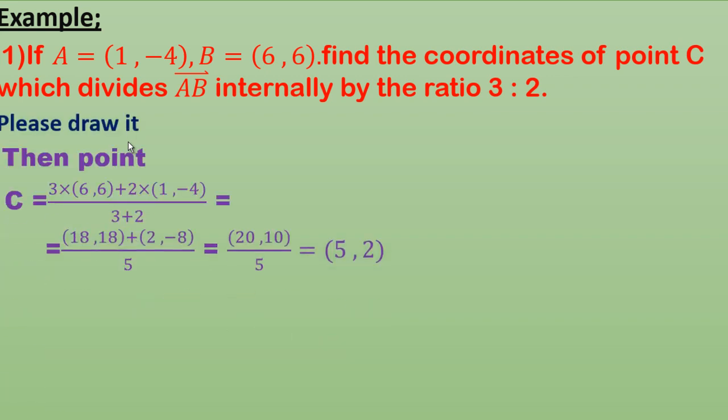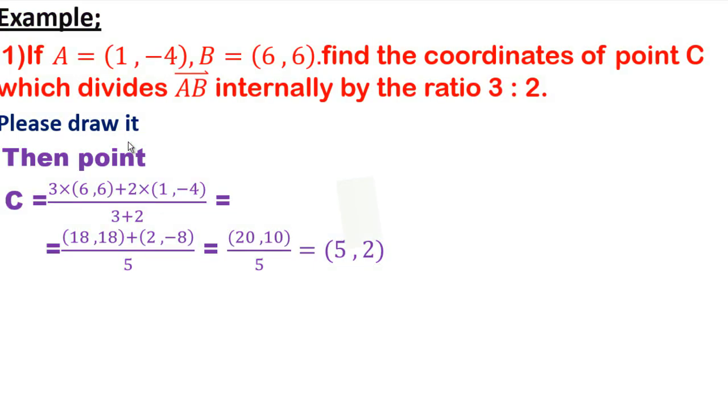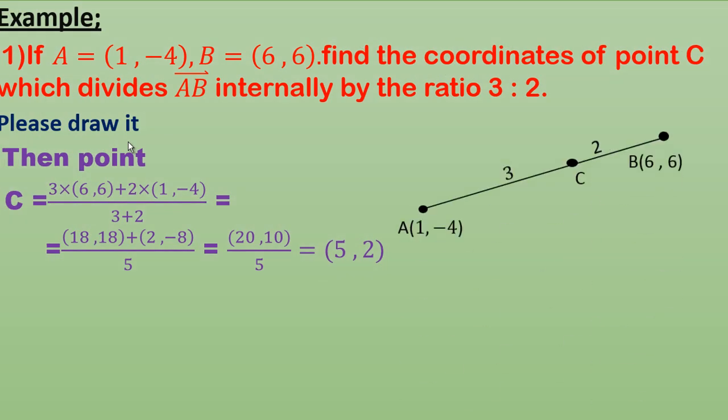The coordinate of point C equals... To find it, draw this line segment, A (1, negative 4), B (6, 6), and the ratio between them 3 to 2.